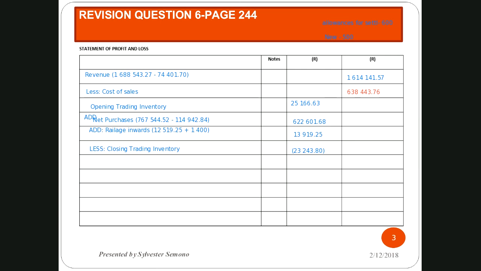Now we can go to find what we call the gross profit. The gross profit is the difference between the revenue and the cost of sales. So now you take the revenue, less cost of sales, guys, you can put brackets for that cost of sales. I'm going to write it here: gross profit.